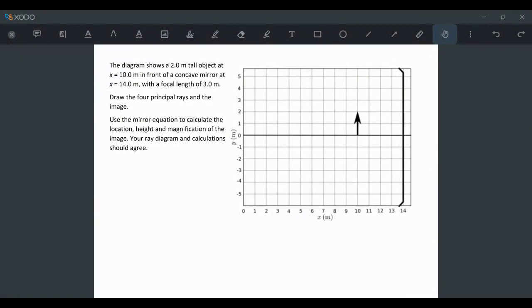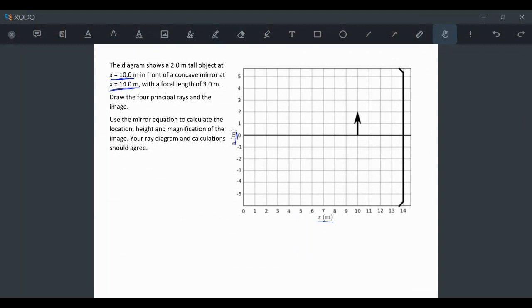So one thing to keep in mind that's important with questions like this is that we're given positions, and we have a number line. This is all overlaid on a graph, so we have a y-axis and an x-axis. The units on each are in meters.